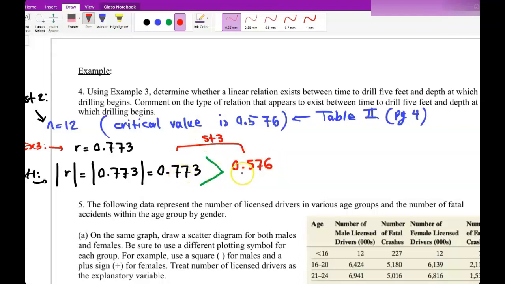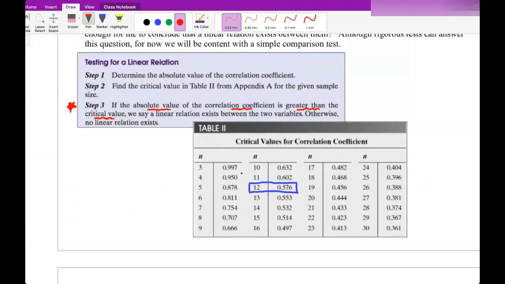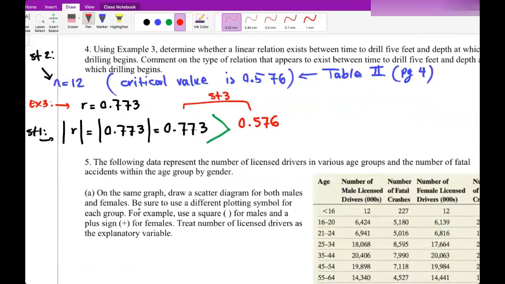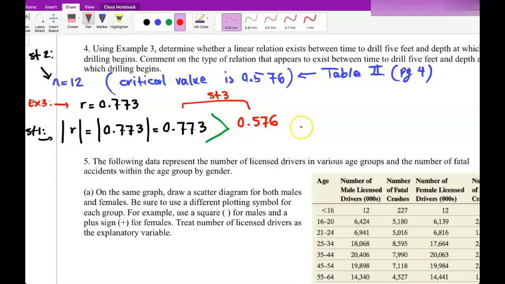What that means is there is a positive linear relation. See here, if the absolute value of the correlation coefficient is greater than the critical value, we say a linear relation exists. And here we have greater than.